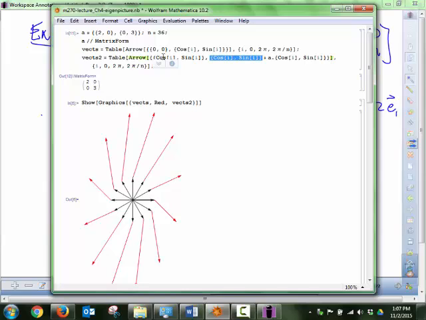So when I is equal to 0, I have cosine of 0, which is 1, and sine of 0, which is 0. So it should be this vector right here. But this vector goes down, the eigenvector. So I have to find out what's wrong.